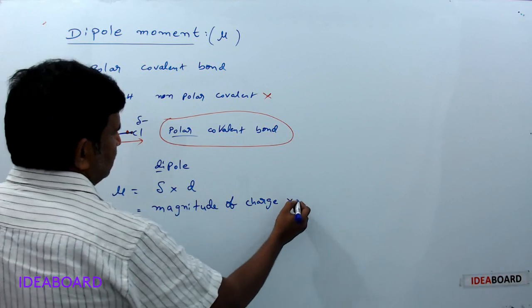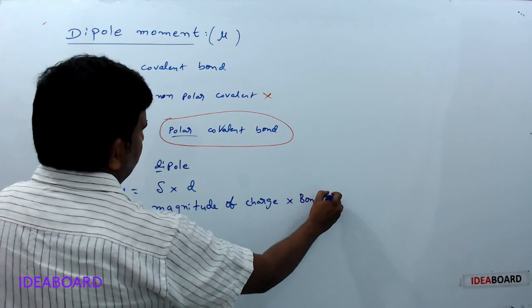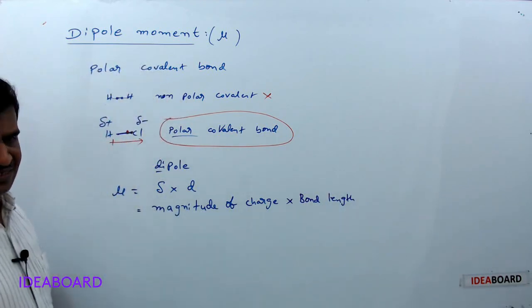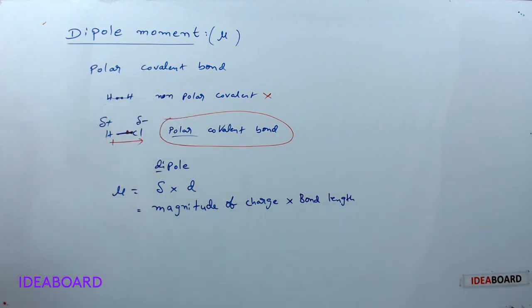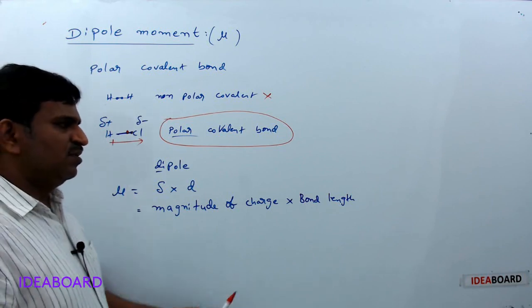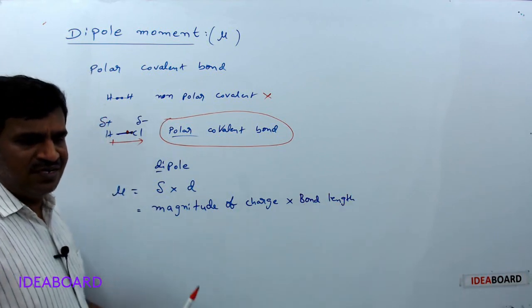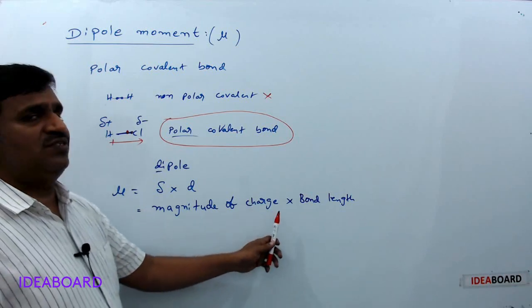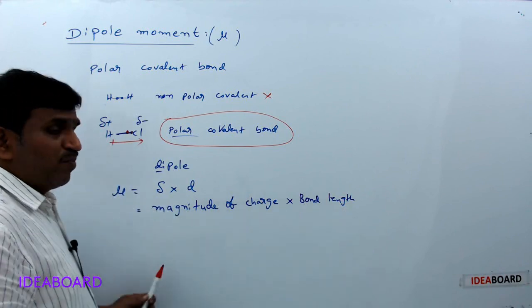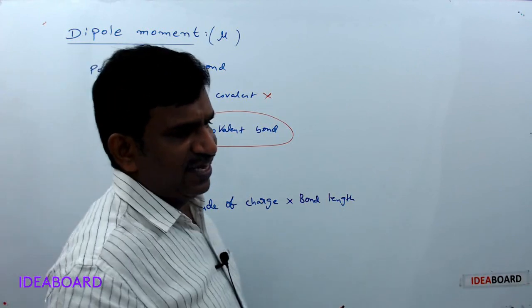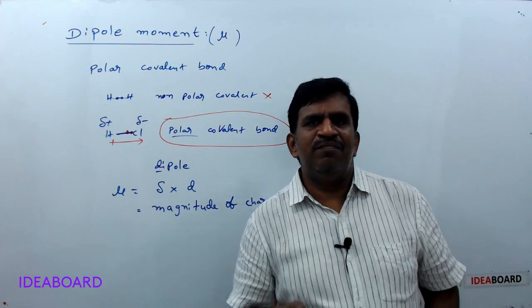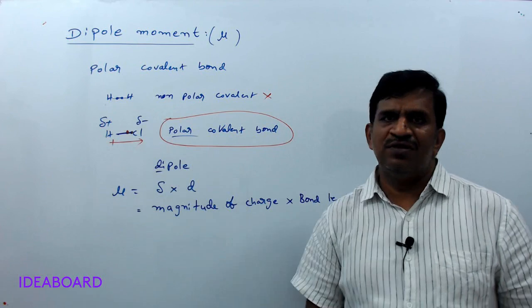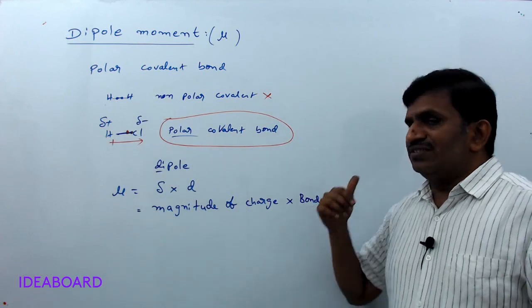D means bond length or bond distance, or internuclear distance. Sometimes in problems they will give the bond distance or internuclear distance between two atoms. So dipole moment is defined as the product of the magnitude of charge on any one of the dipole and the bond length.